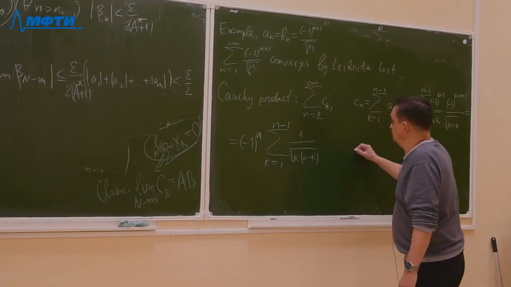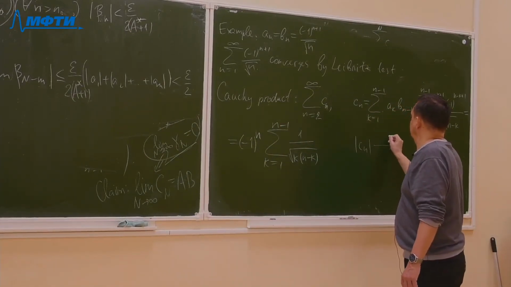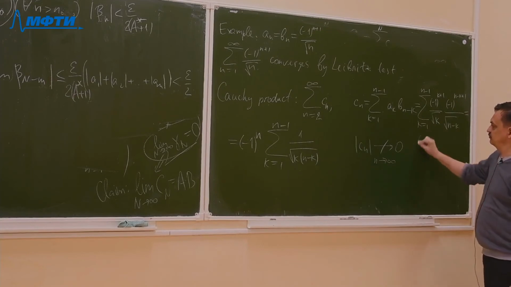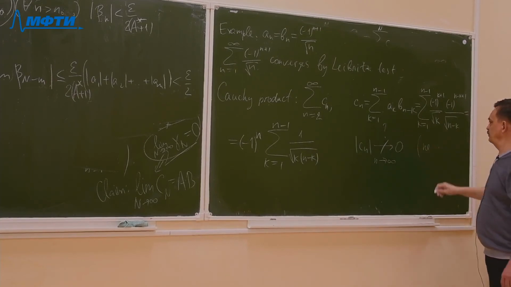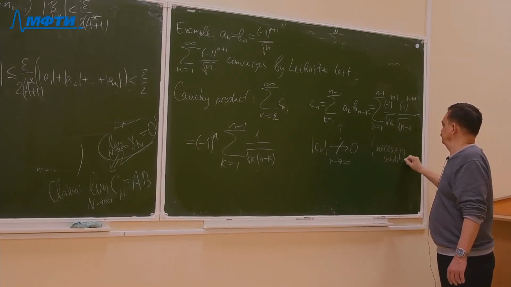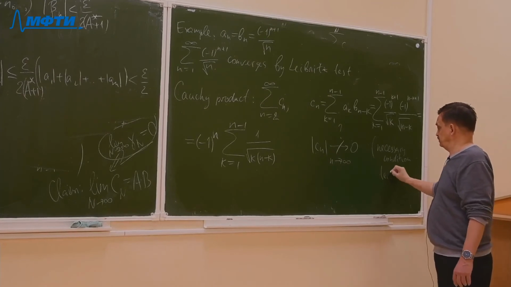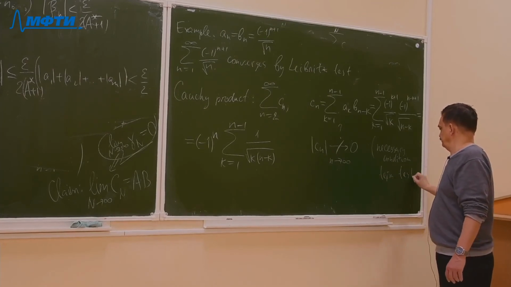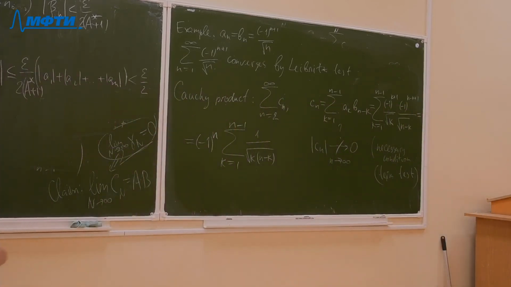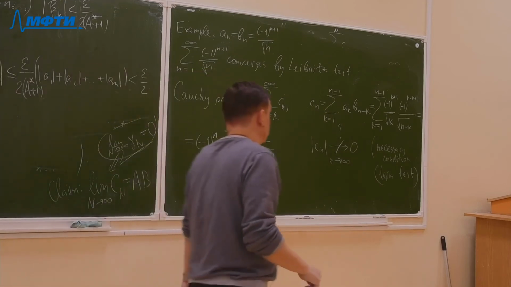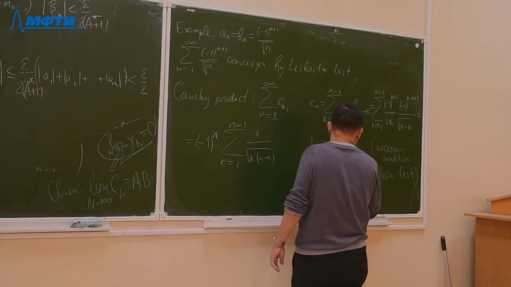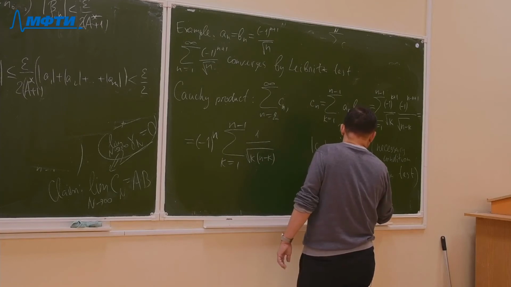I claim that modulo C_n doesn't tend to 0 as n tends to infinity. So by the necessary condition for convergence, or term test, as it is also called, it implies that the Cauchy product diverges.